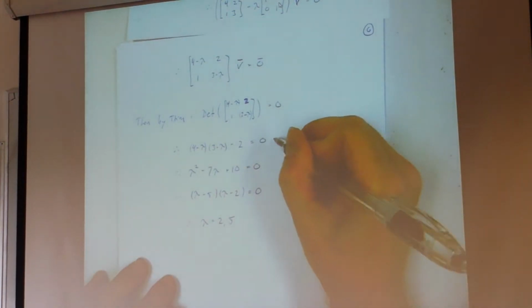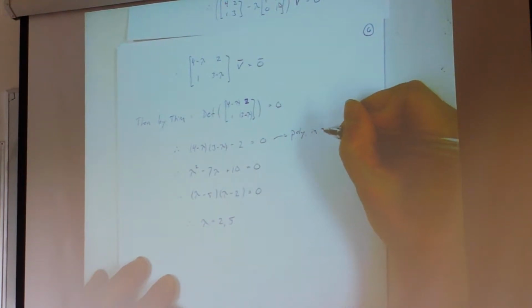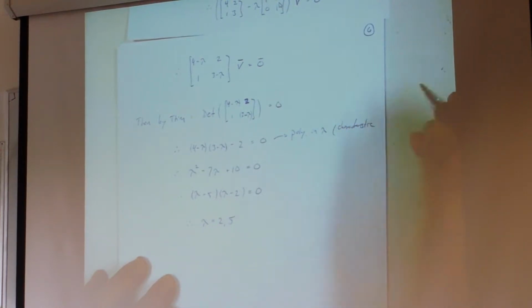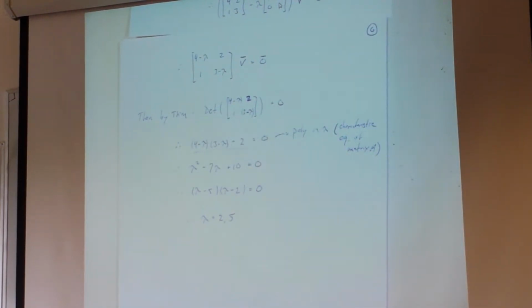It's a polynomial only involving lambda, and this is called the characteristic equation of the matrix A. If we solve it, we get 2 values, potentially complex values. You could have complex eigenvalues.